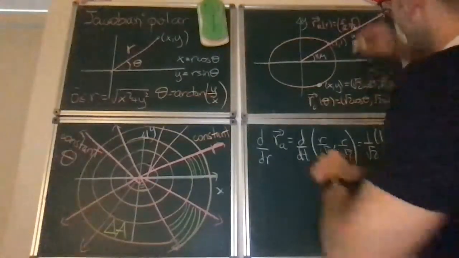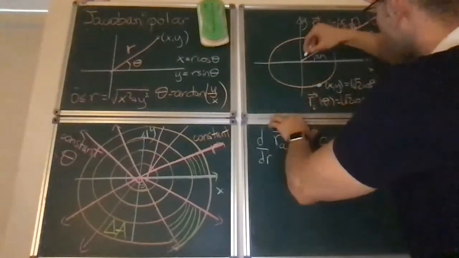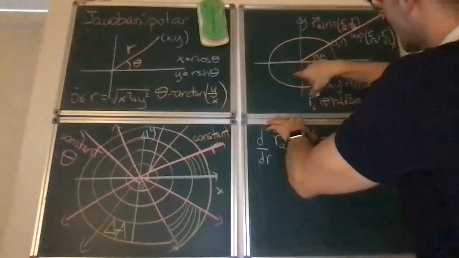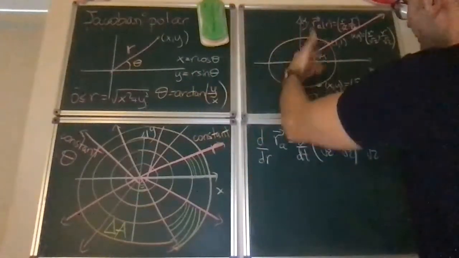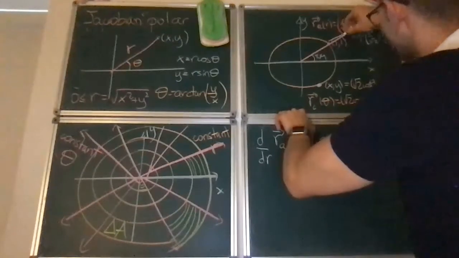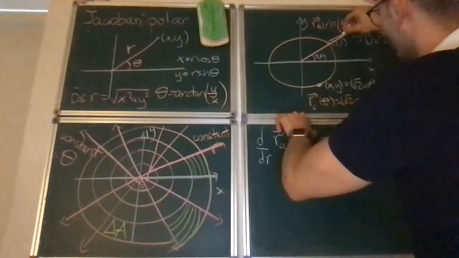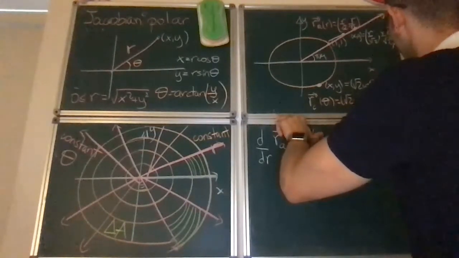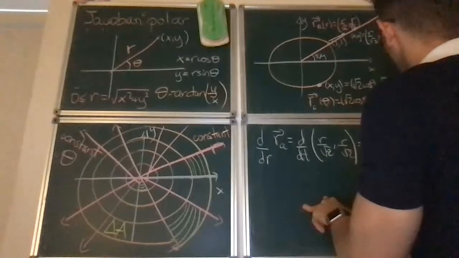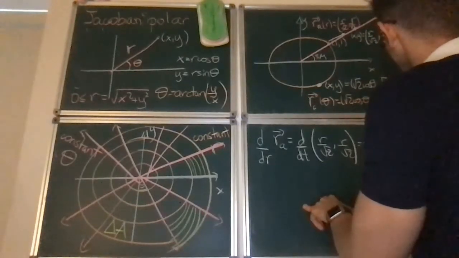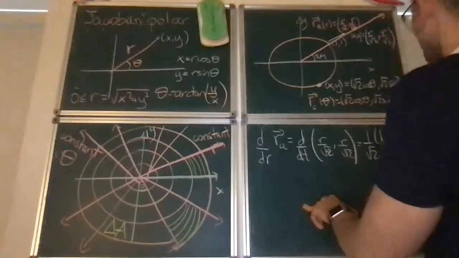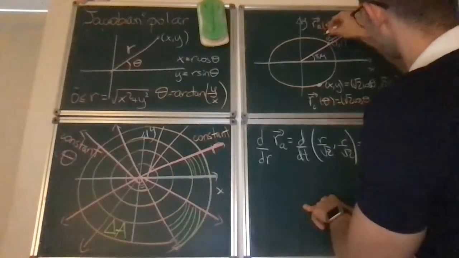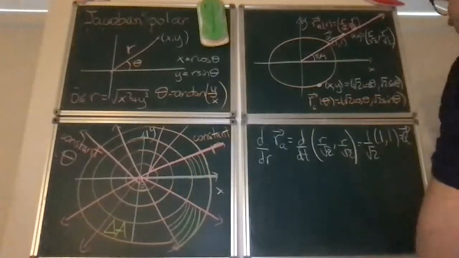So if the position vector for the point here is pointing away from the origin, then this rescaled version is also pointing away from the origin. Let's call this vector, let's say A.